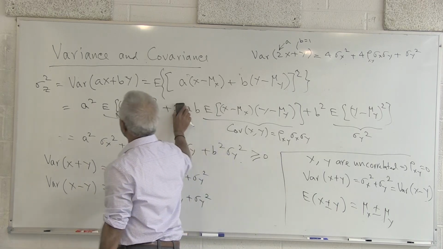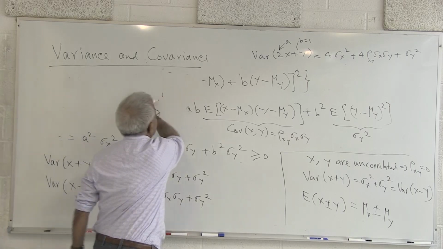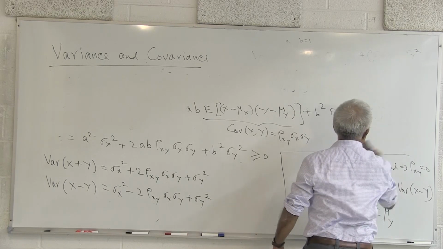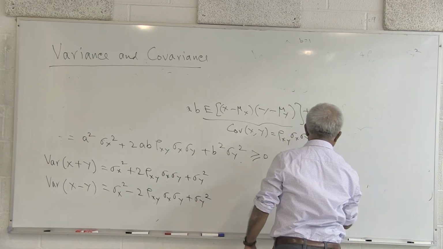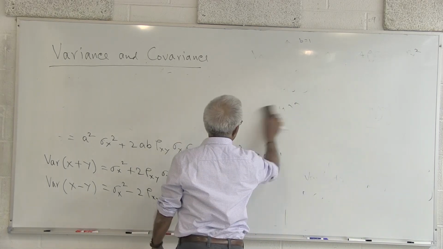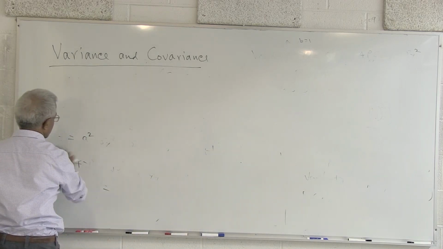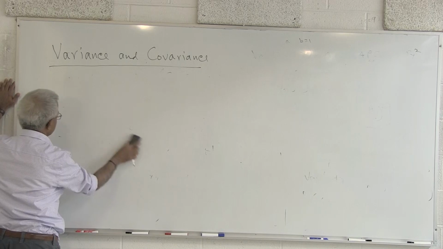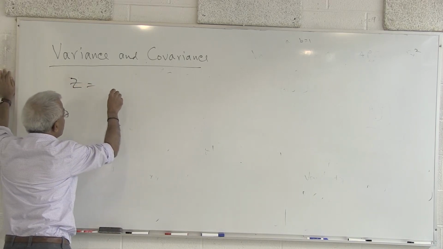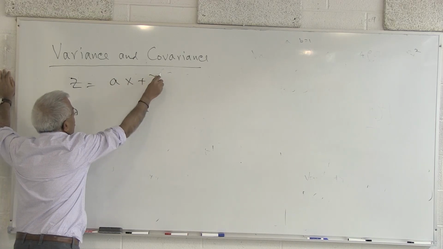And an interesting problem in this regard is, suppose you take two random variables, x and y, and construct a new random variable z, such that z is of the form ax plus y.